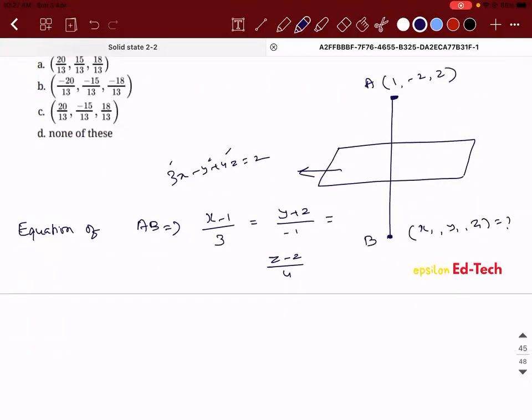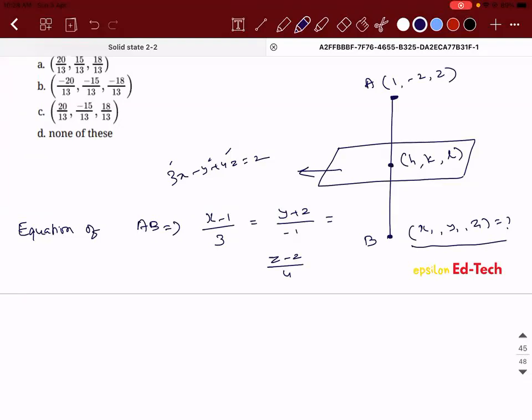Now, what will be the coordinates of this point? I'll take a point here, the foot of the perpendicular, as (h, k, l), for example.